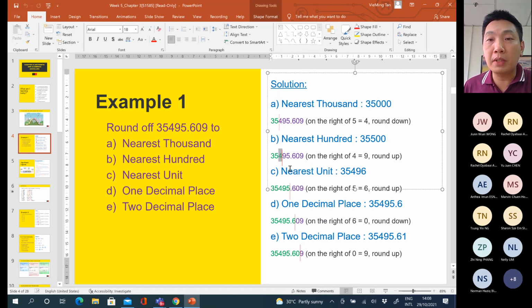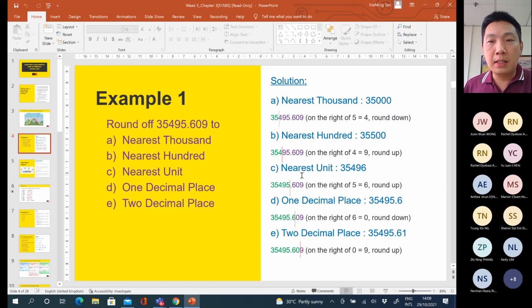As a result, we have to round up this number. Round up means we add 1 to this 100 digit, so 4 plus 1 is 5. The remaining numbers on the right-hand side we have to put 0. So the answer will be 35500.